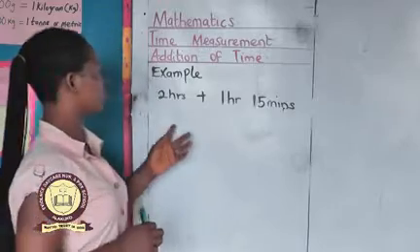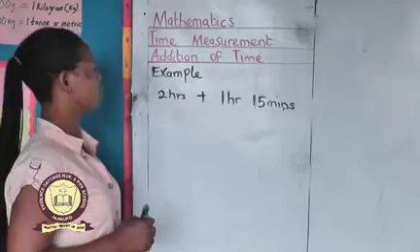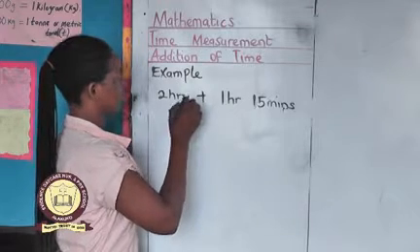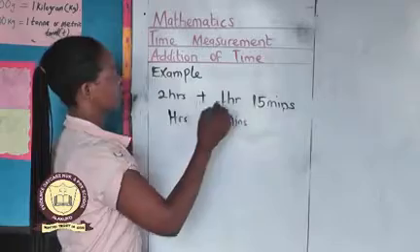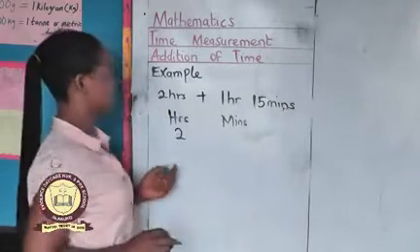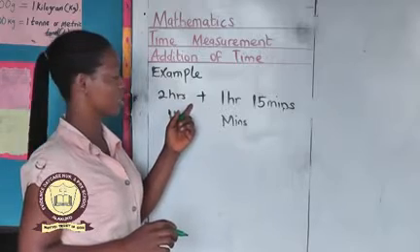We have 2 hours plus 1 hour 15 minutes. So let's start. You first of all write your hours, then your minutes. We have 2 hours here. Write your 2 under your hour. We don't have any minutes here.